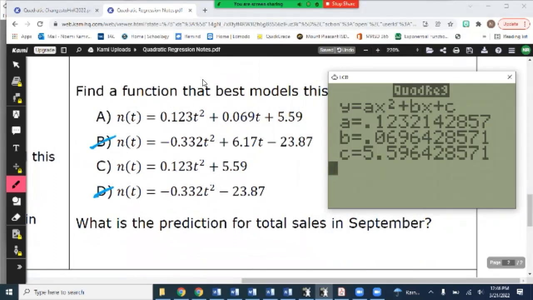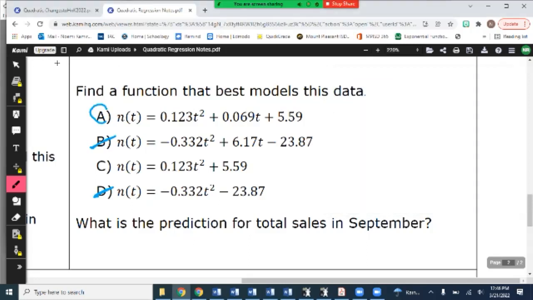There is a 5.59. There's no B. If there is a number here for B, it must be present in the equation. Even though these numbers do match up, because I'm given a value for B, it must be present in the equation. So the answer is A.